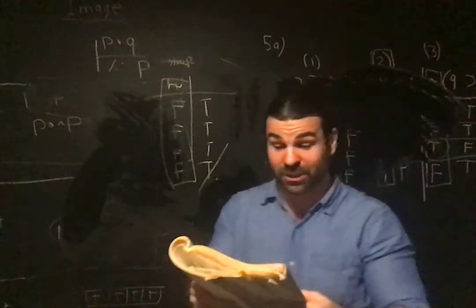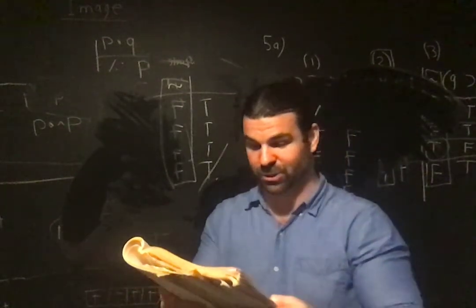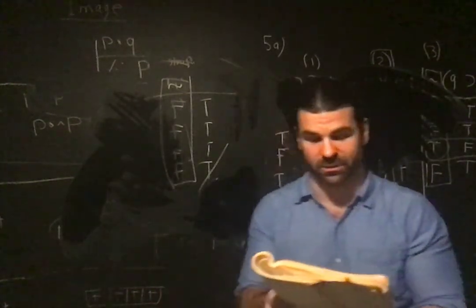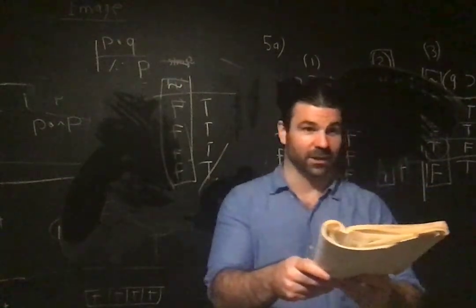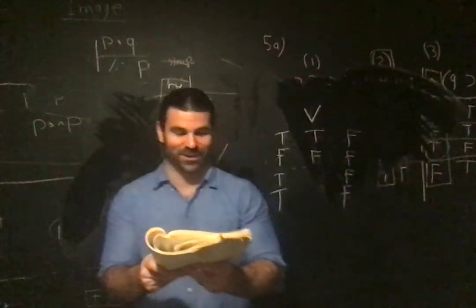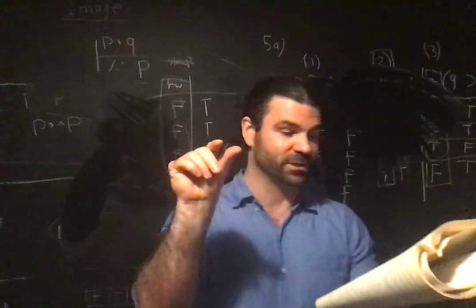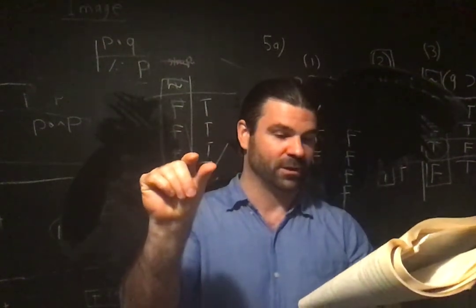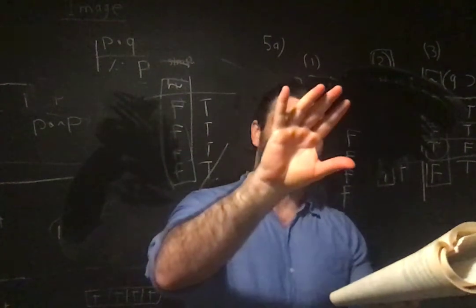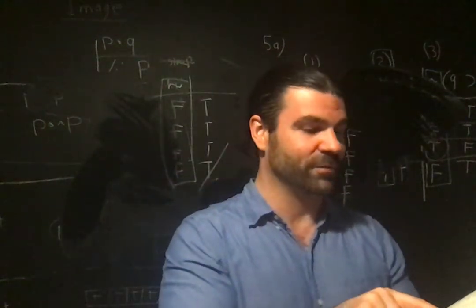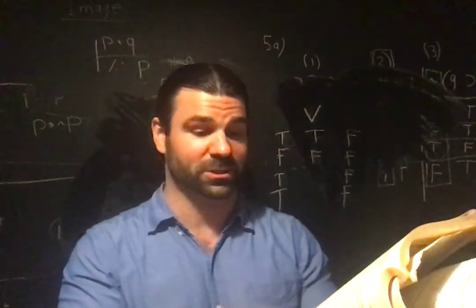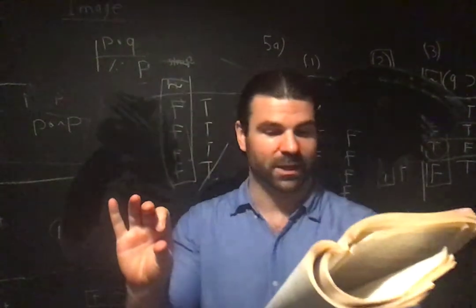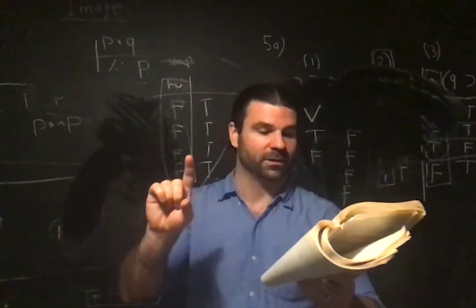What is the conjunction of a contingent form and a tautology? The conjunction of a contingent form and a tautology will be a contingent form, right?